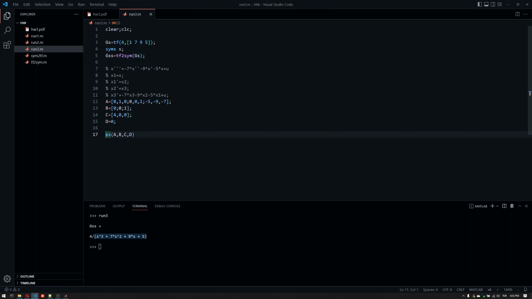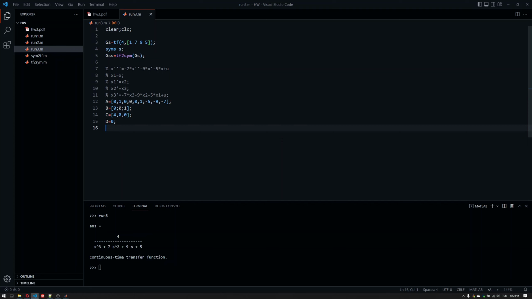So I can check if my response is correct. I'm not sure if this works, but let's see if it works. There we go. This was our original system here. You get the same transfer function. So this is basically a valid transfer function.